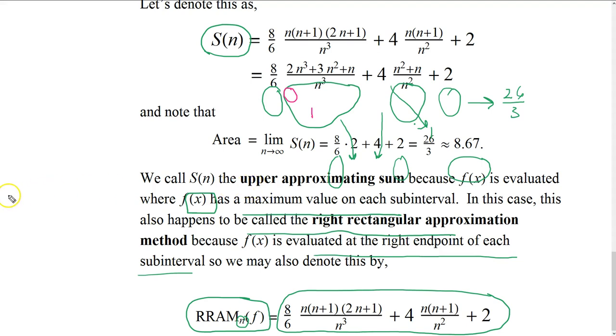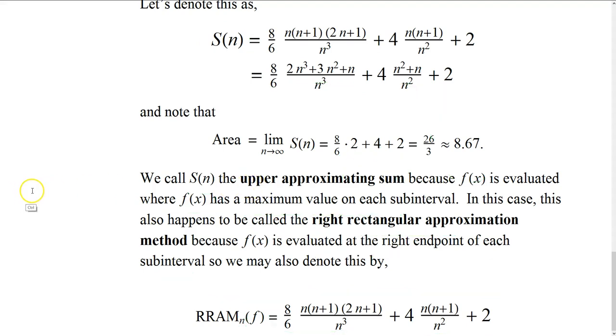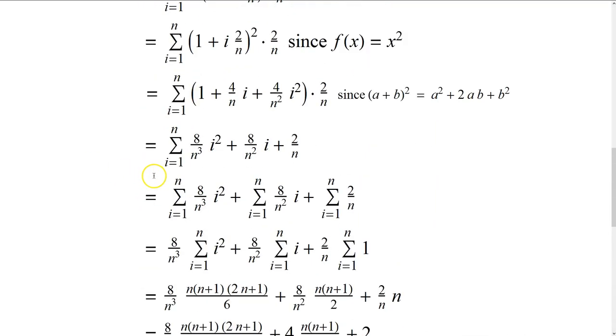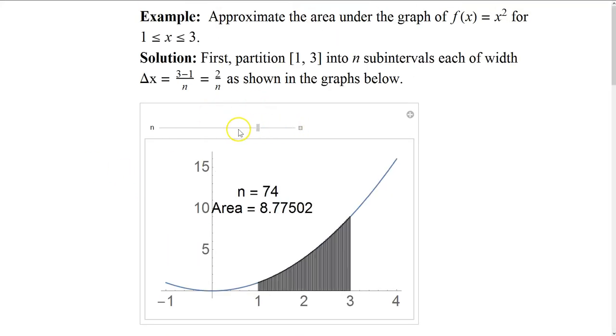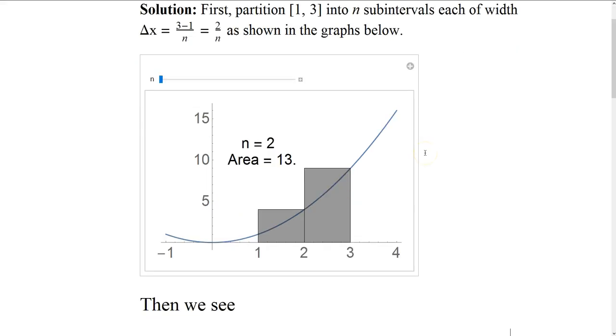Now, just to convince you about this upper approximating terminology, let's look back at the graph that we had earlier. So here's what we're talking about, the maximum value of the function over each subinterval. Notice for the first rectangle right here, to evaluate the area, the height is evaluated where the function, right there's our function, has its maximum value.